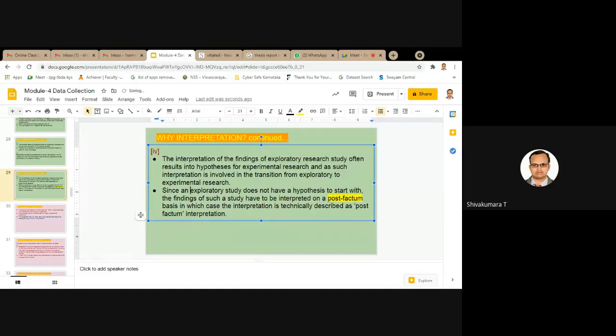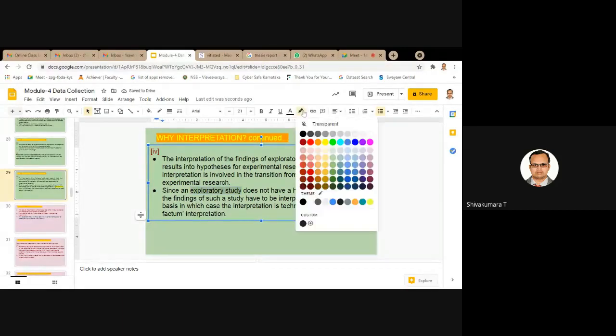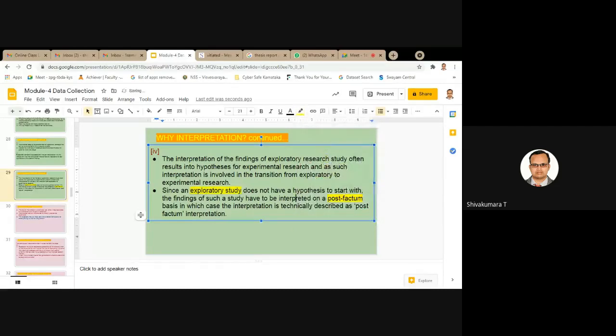That is termed post factum. These are the four different reasons why we need to do interpretation.